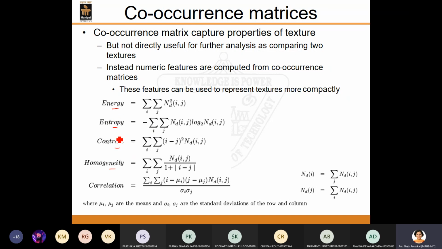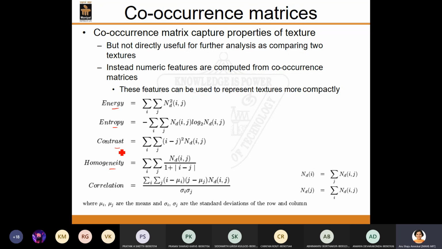Just be familiar with these terms: energy, entropy, contrast, homogeneity. What these measures do is look at how similar a pixel is with respect to the neighborhood pixels, or in this case, just the matrix entries, right?